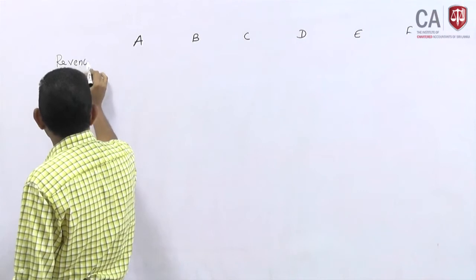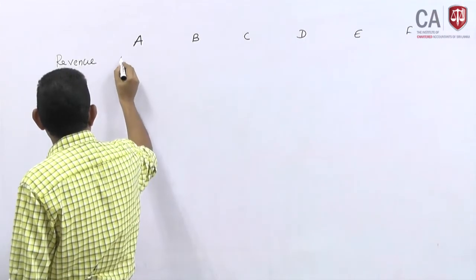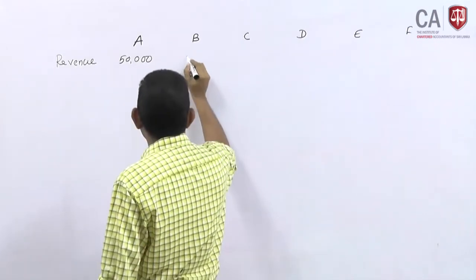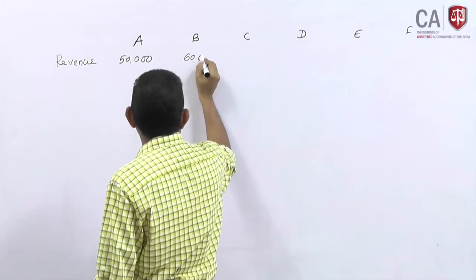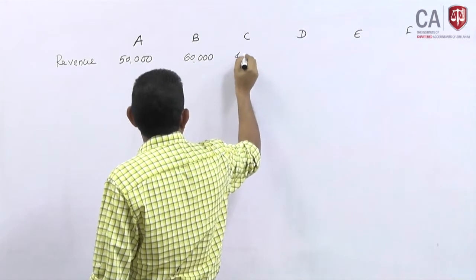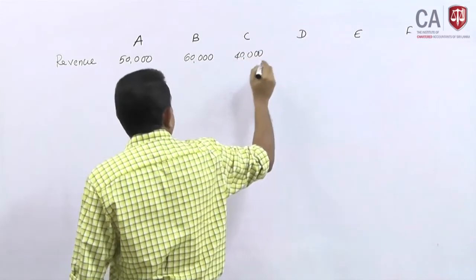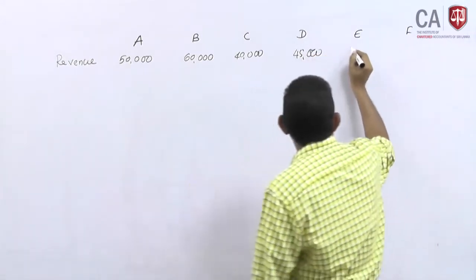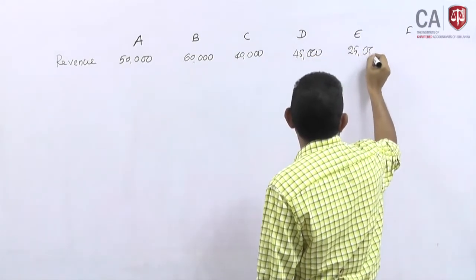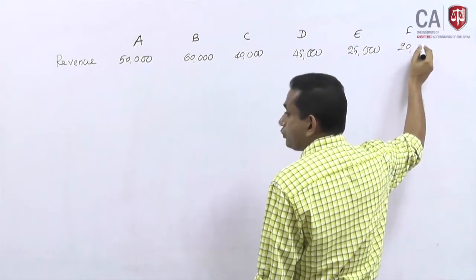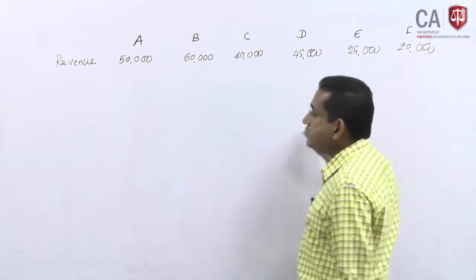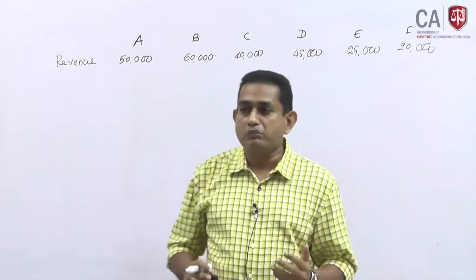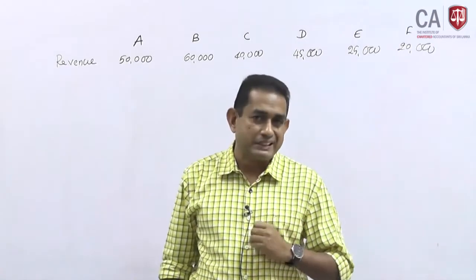Revenue figures: A 50,000, B 60,000, C 40,000, D 45,000, E 25,000, F 20,000, and all these operating segments have already become reportable segments by satisfying some quantitative threshold or other.